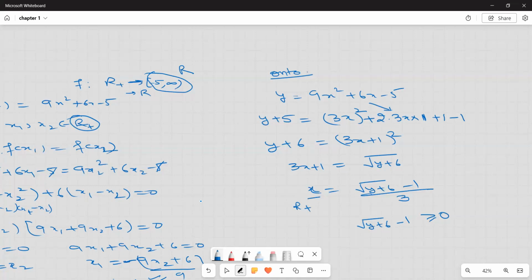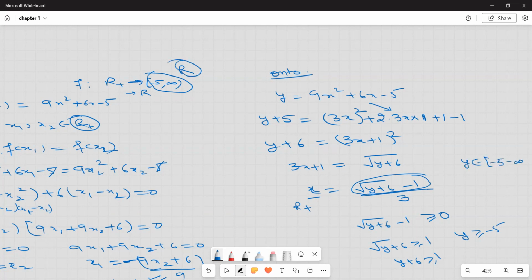Right now, I can't take a negative number, so this whole numerator should be positive. So from here, what I am getting? Square root of y plus 6 is greater than or equal to 1, or y plus 6, if I remove the square root, that is also greater than or equal to 1. So y is greater than or equal to minus 5 now. Right? But if here it is R, so my range is coming minus 5 to infinity.